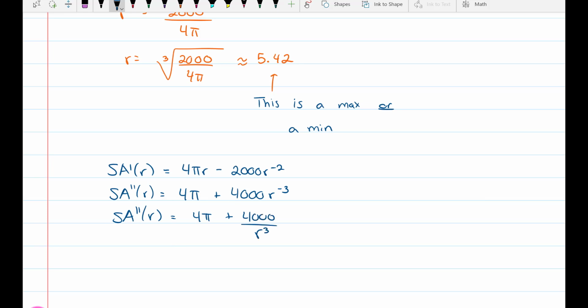Now keep in mind that r is a positive number, so this is always positive. This means that the second derivative is positive, so r equals 5.42 is a min.